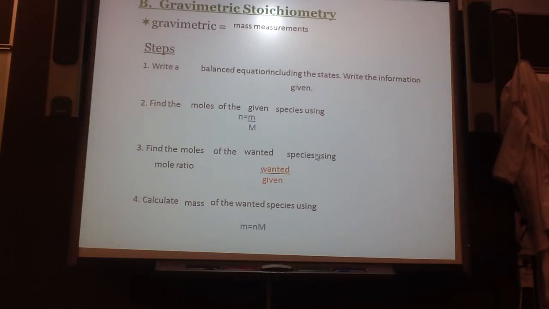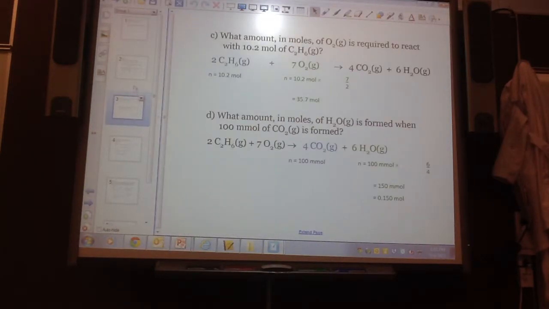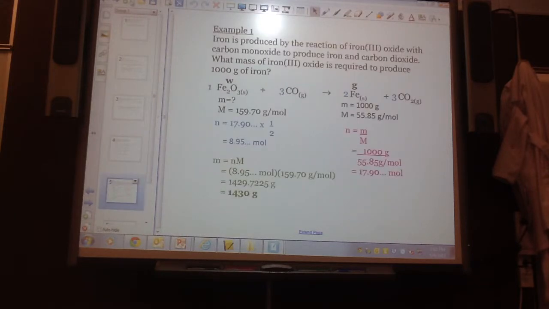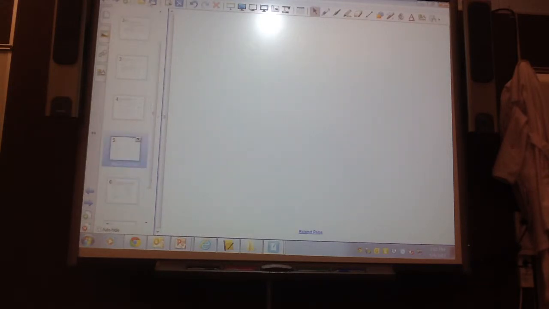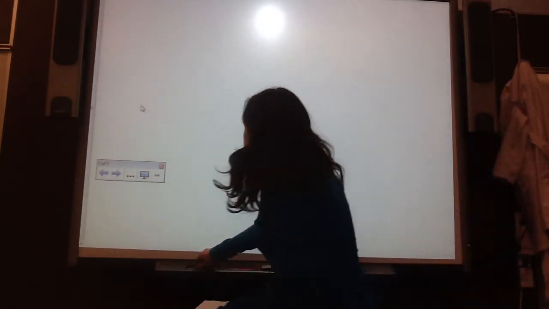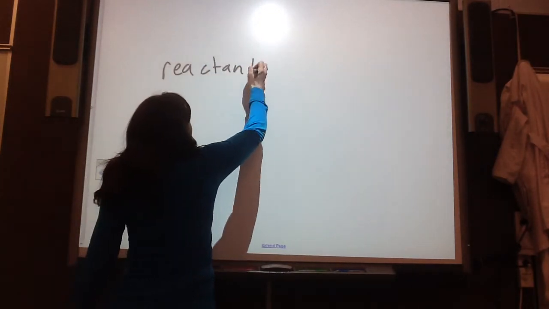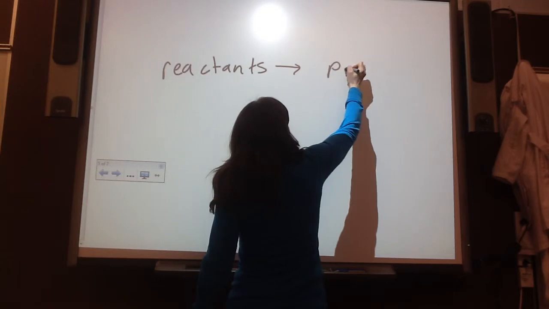So before you flip it, I just want to make a big picture idea here for you. Okay? So again, let's go back to this idea of just looking at reactants to products.